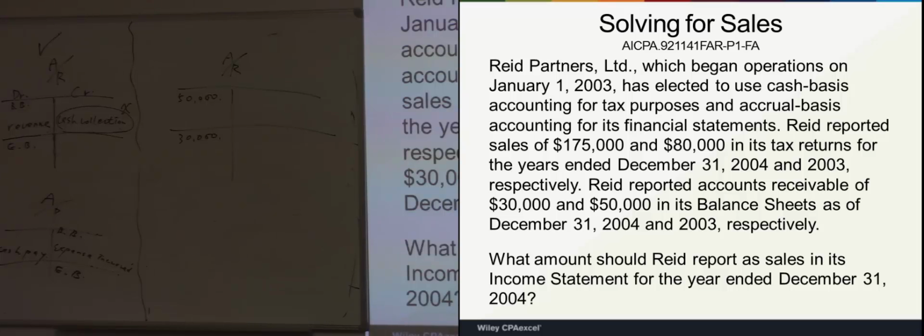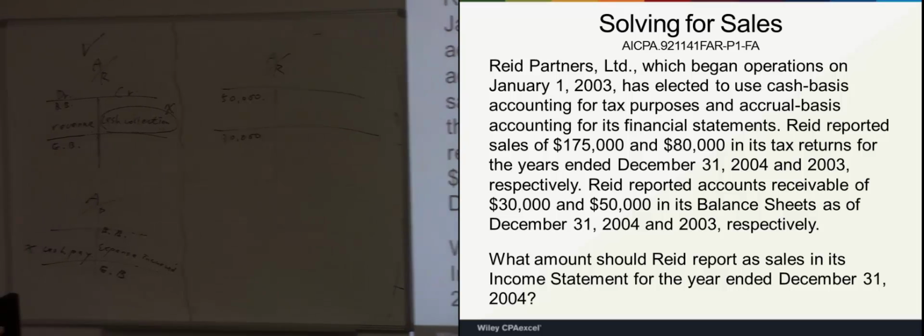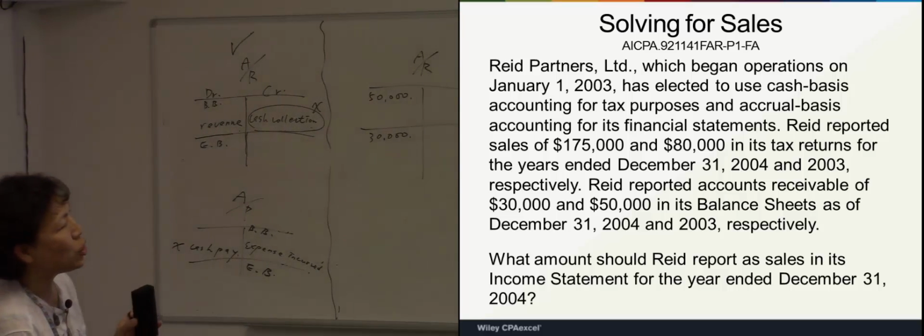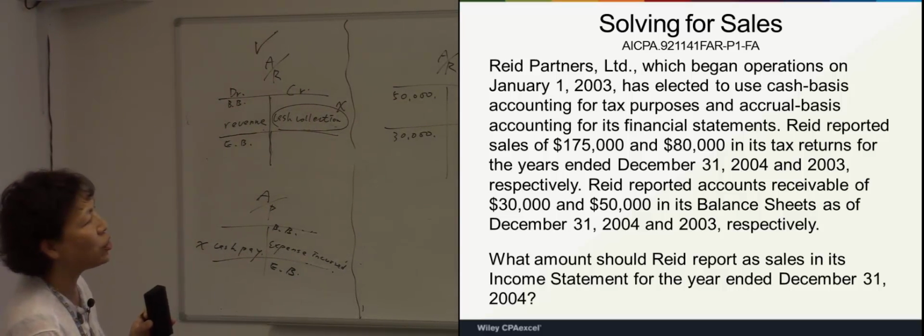Sales. Okay, if the cash sales for 2003 is 80,000, does that mean we collect cash of 80,000?